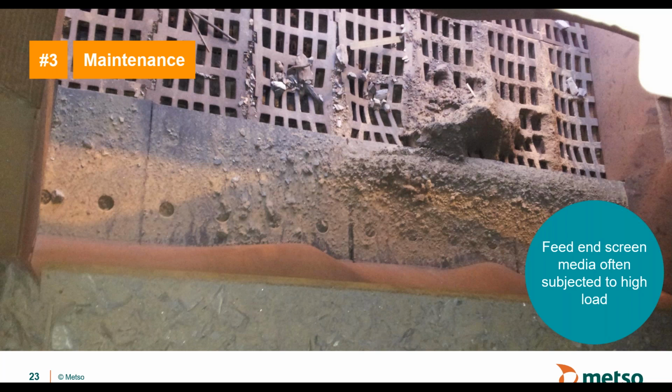Here's another example of the same thing. What you see here is the feed box, and where the material lays is the first row of panels. Here's again a similar case. The feed is not dropped on the screen in the right location.